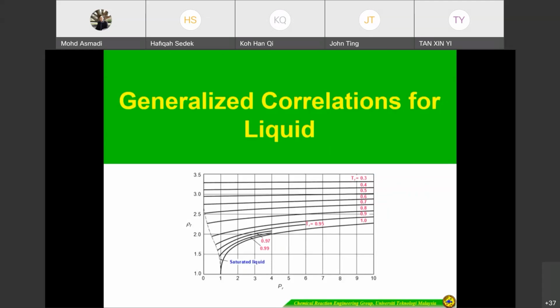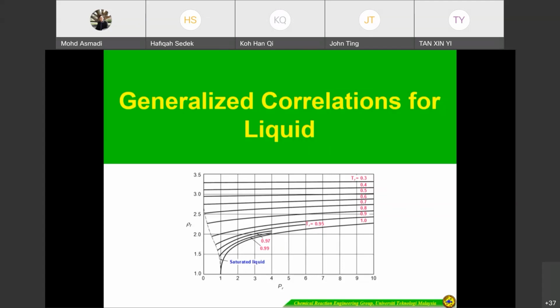For this chapter, you just use that equation and see the condition of the system, whether liquid or gas. This is the basis before we proceed to the next chapter, especially seeing the phase of the system: liquid, gas, or two-phase system. So let's move to the generalized correlation for the liquid.